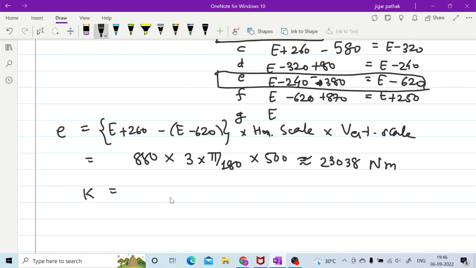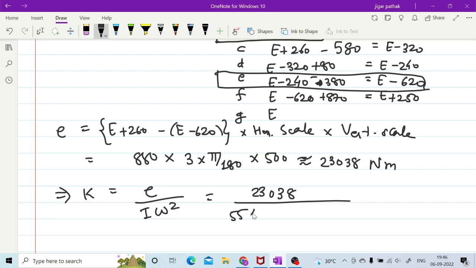So once you do like this, then we have E is equal to I omega square k, right? So from that, k is equal to E upon I omega square. Omega is 2 pi N by 60. So now this E is 23038 upon 0.55, I is m into radius of gyration square, mk square, into omega is 2 pi N, that is 1600 by 60, square, right?